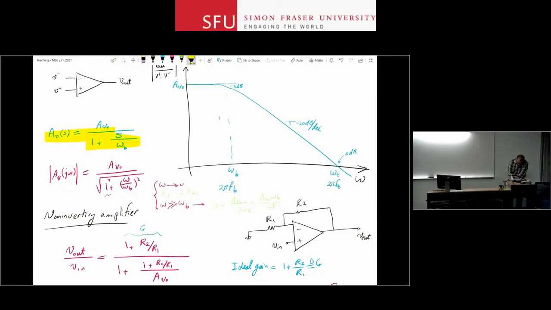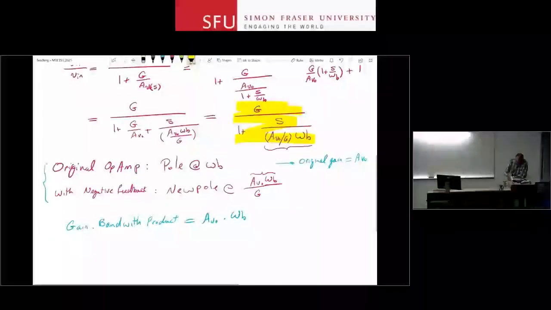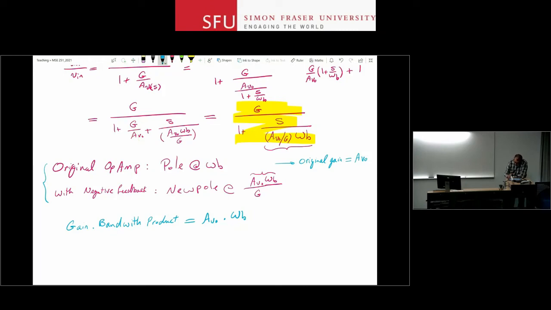So the low frequency gain here is, if we work before that corner frequency, at lower frequencies, the original corner frequency was omega B. The original gain was AV naught because S is much smaller than omega B, right? In here, the new gain is G, right? So if we operate at low frequencies, this S divided by AV naught omega B over G is going to be small. We have a gain of G.